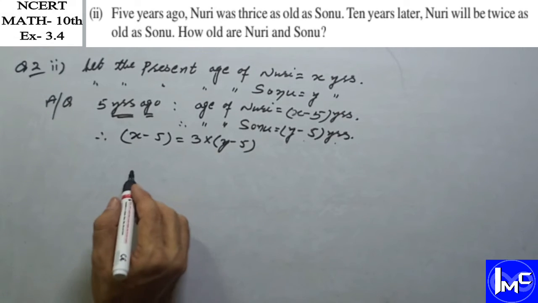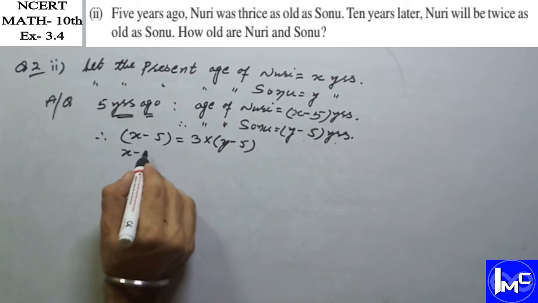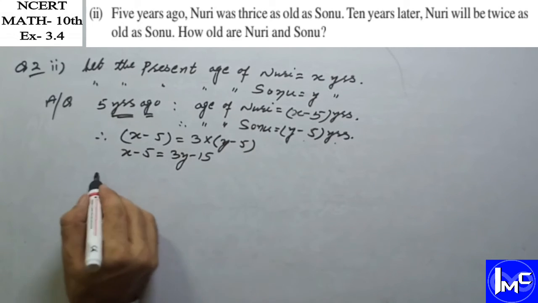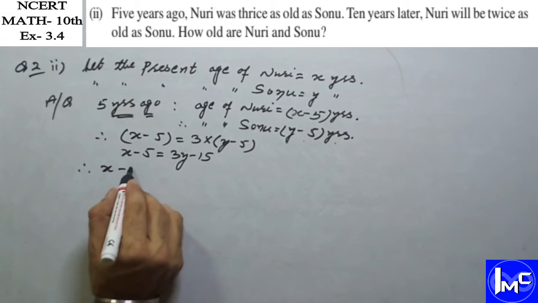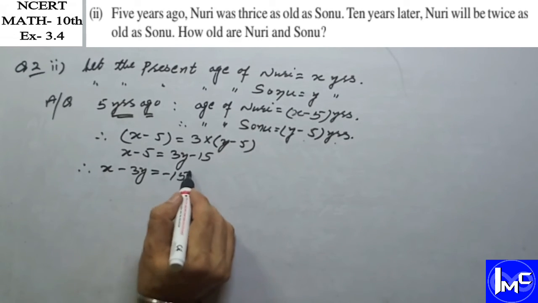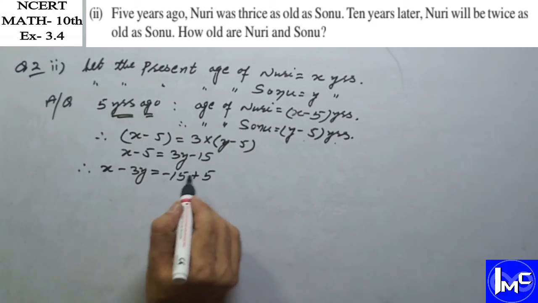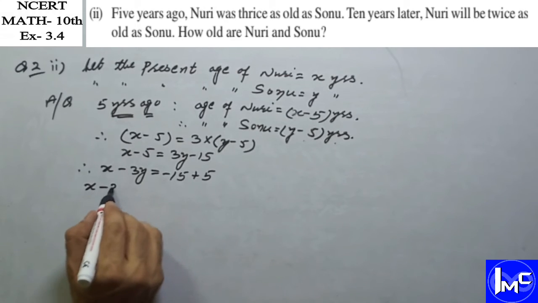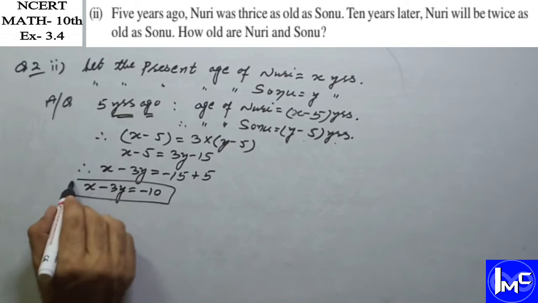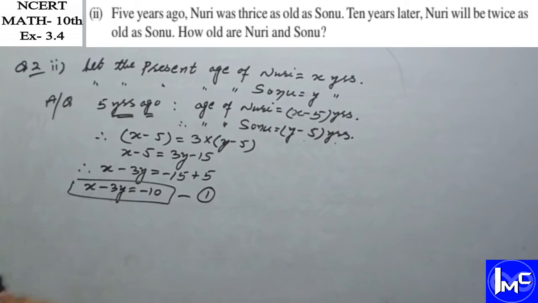We simplify this equation: x minus 5 is equal to 3y minus 15, and so x minus 3y is equal to minus 15 plus 5, that is x minus 3y is equal to minus 10. This is our first equation.